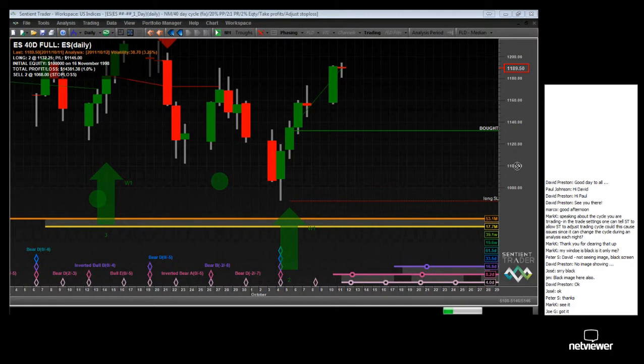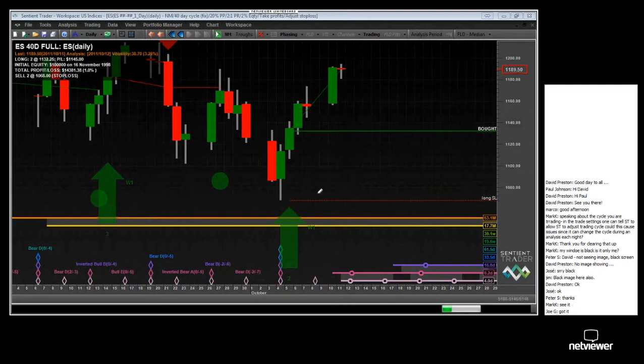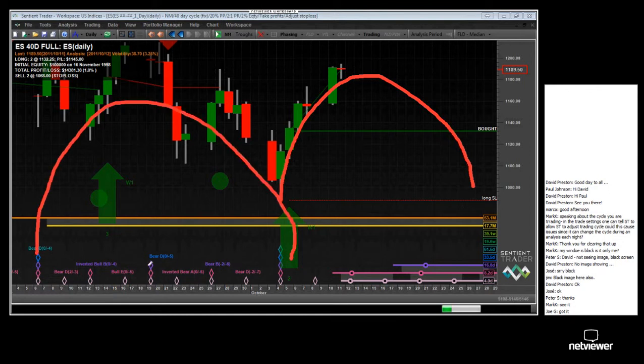So let's just have a look here. If we were trading this 40-day cycle over here, then of course you can see that Sentient Trader is wanting to be traded this move out of the 80-day cycle.